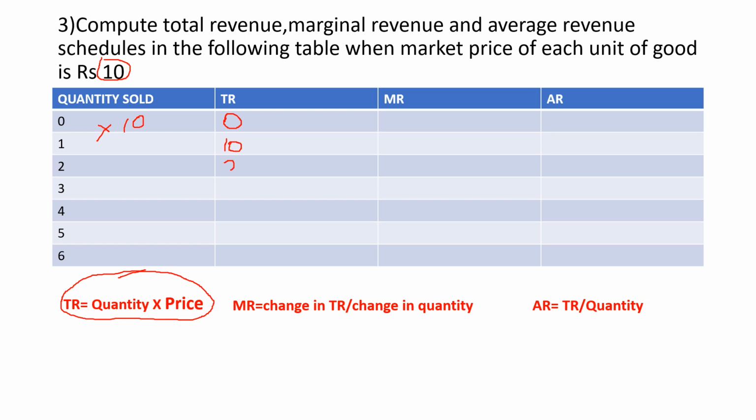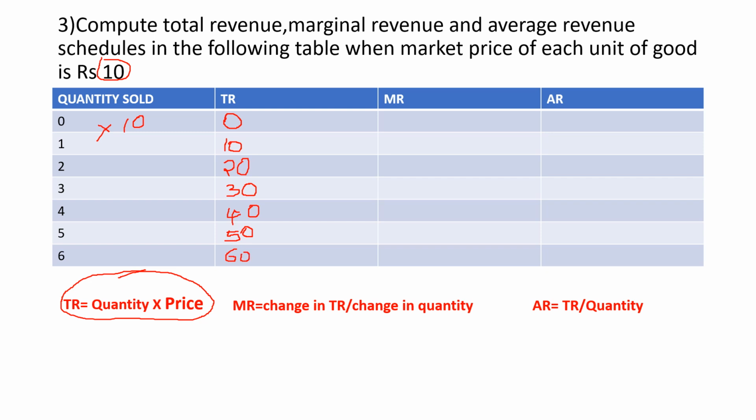Next, 2 into 10 is 20. Here the price remains the same, only the quantity keeps changing. So you multiply all these numbers by 10. 3 into 10 is 30. Then 4 into 10 is 40, 5 into 10 is 50, and 6 into 10 is 60. So very simply you can calculate the total revenue.